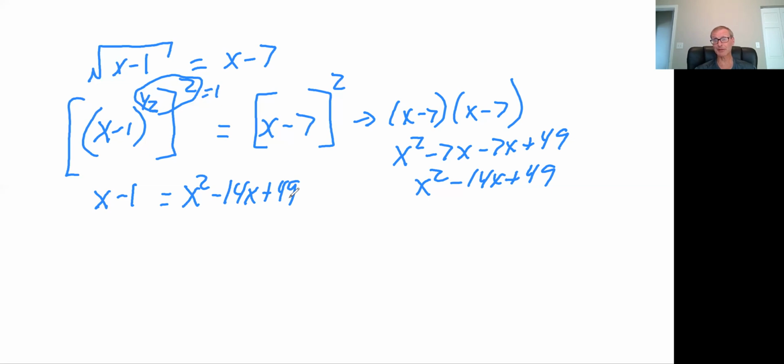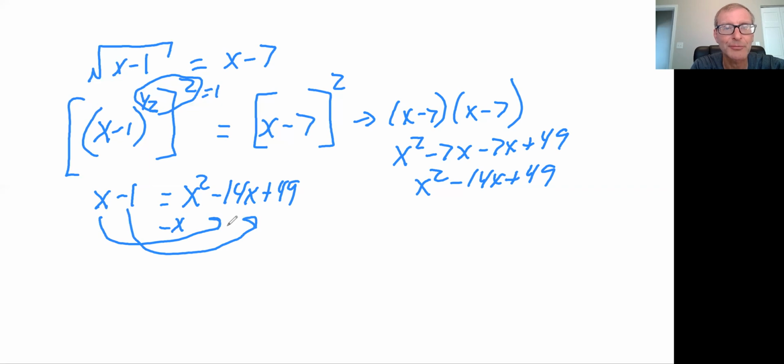And then use the quadratic formula, or factor it if you see the factorization, and that's it. Don't complete the square unless you're doing circles and foci and things like that. So we'll bring the minus x over, and we'll get rid of the minus 1, and we'll bring the plus 1 over.